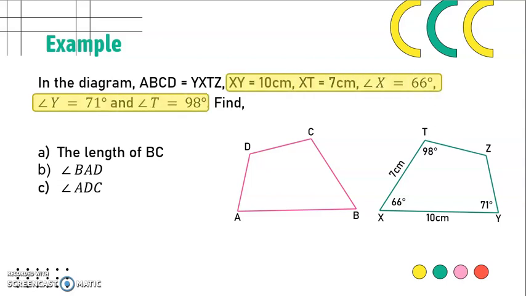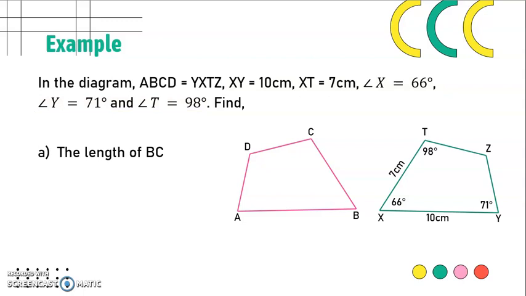Okay, so I believe you have done this example already. So now let's discuss together. The length of BC, this length. We know that this length is equal to the length of XT. Length of XT is 7 cm.